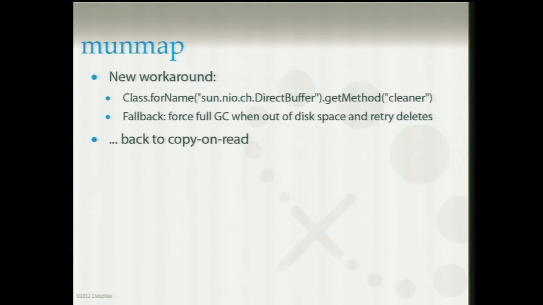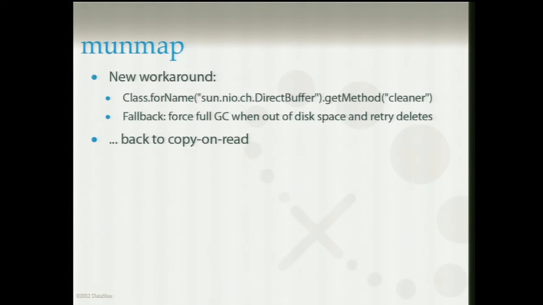Now, ironically, since we're violently unmapping things out from under the JDK, we have to be very careful not to reference memory that used to be mapped and now is not, because if you do that, you will segfault the JVM, and bad things happen.